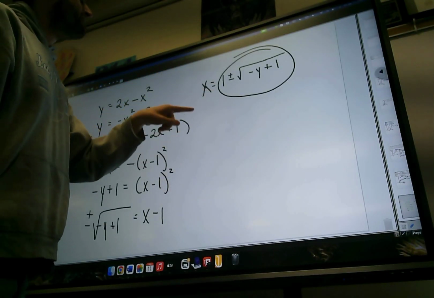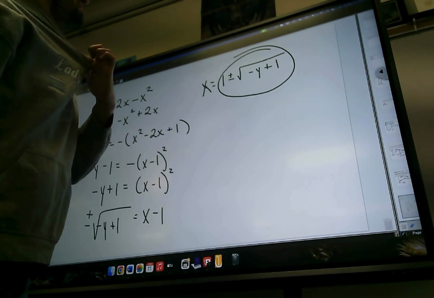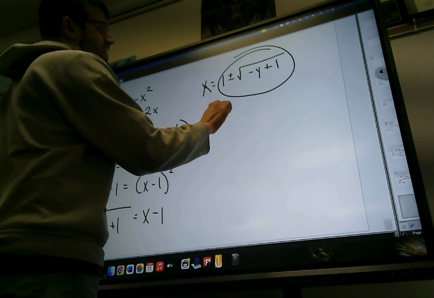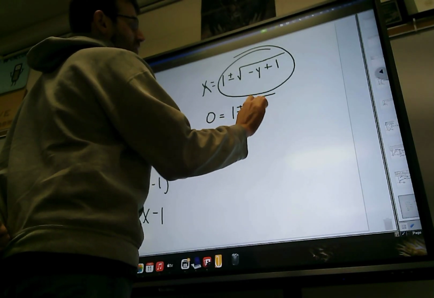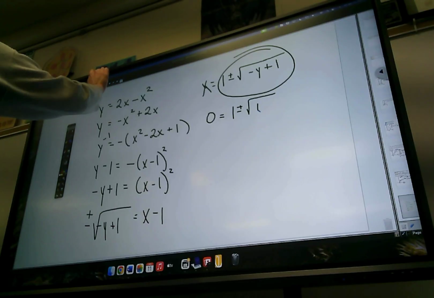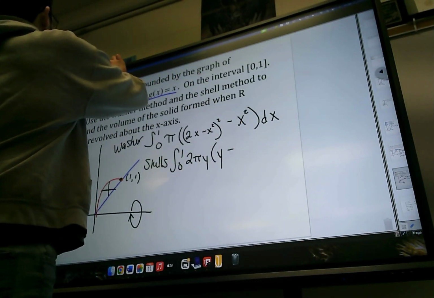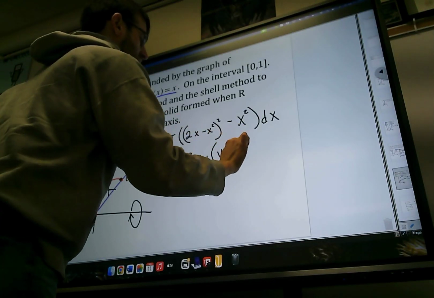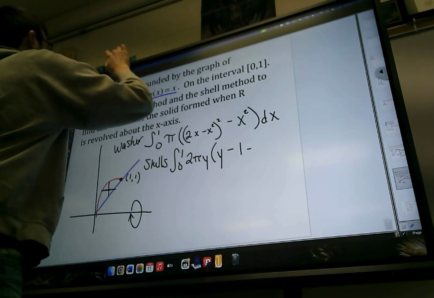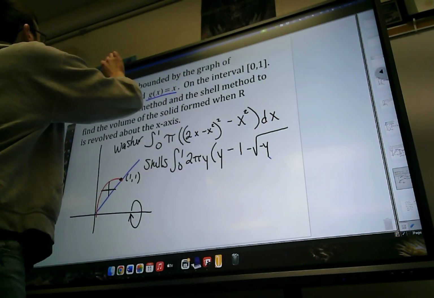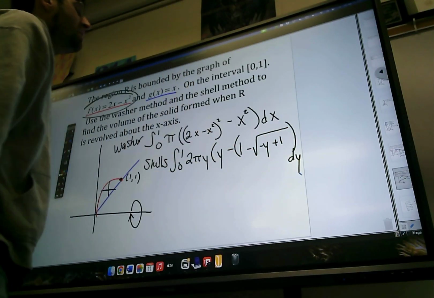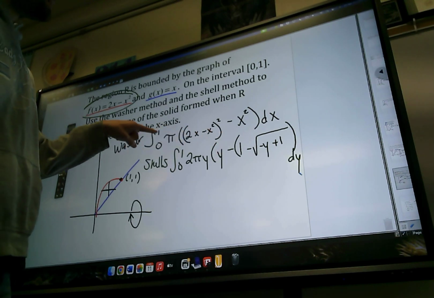So for this to be 0, I'm going to have to use the minus equation because if 0, 1 plus or minus the square root of 1, this one would have to be the minus because if it was the plus, it would be 2. And it would need to be all of that dy.